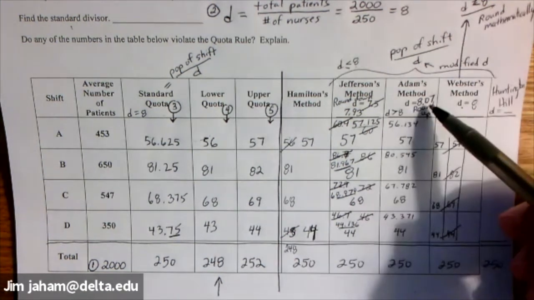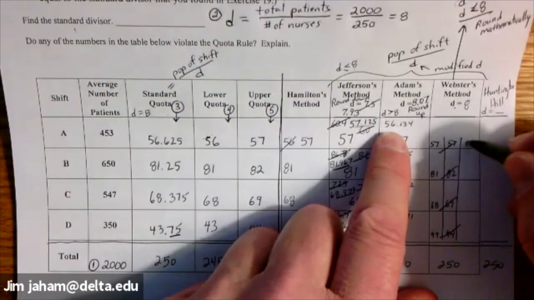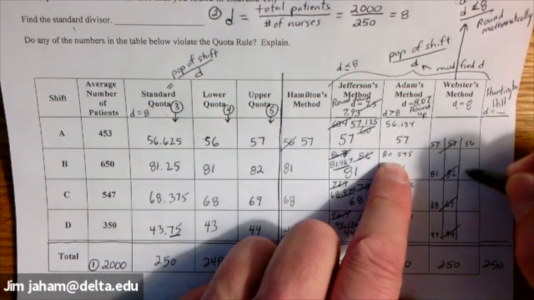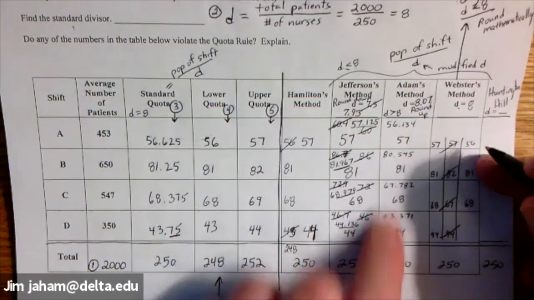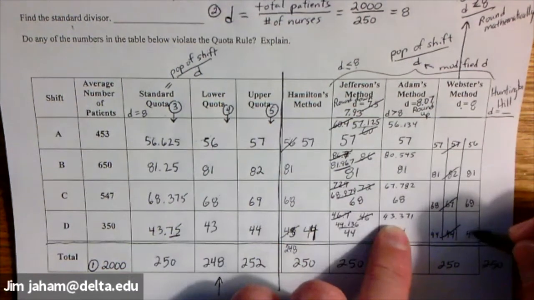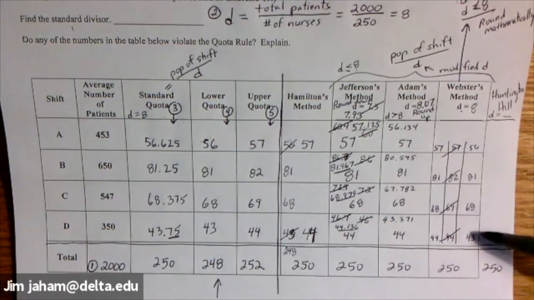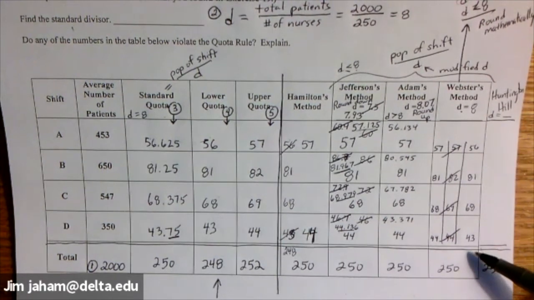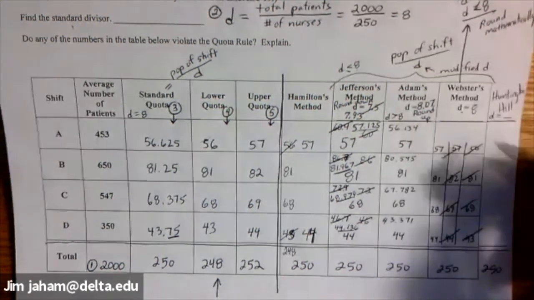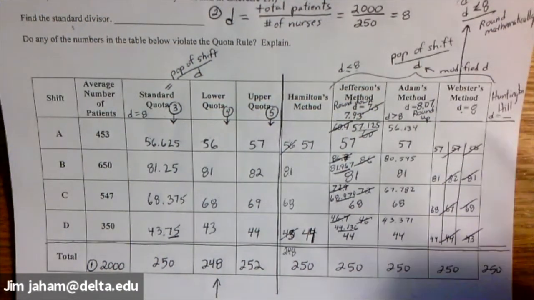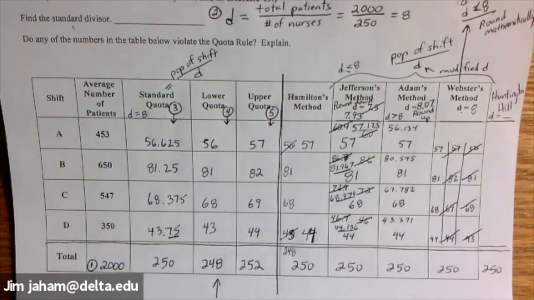And then we can try this 8.07 number. If you round this one, you get 56. If you round this one, you get 81. If you round this one, you get 68. And if you round this one, you get 43. And when you add those four numbers, you get 248. So you're under. So that's not going to work. So it looks like with D equal to 8 and you round, you're going to find a solution there.